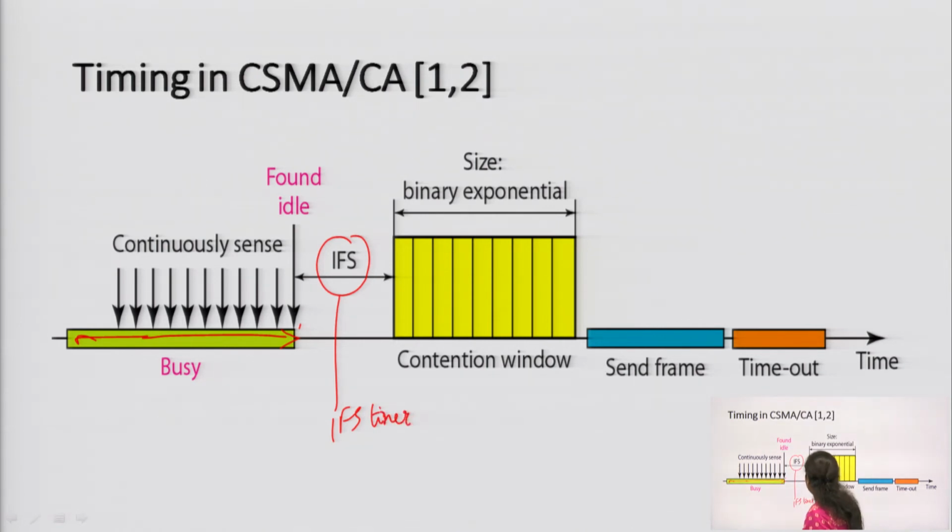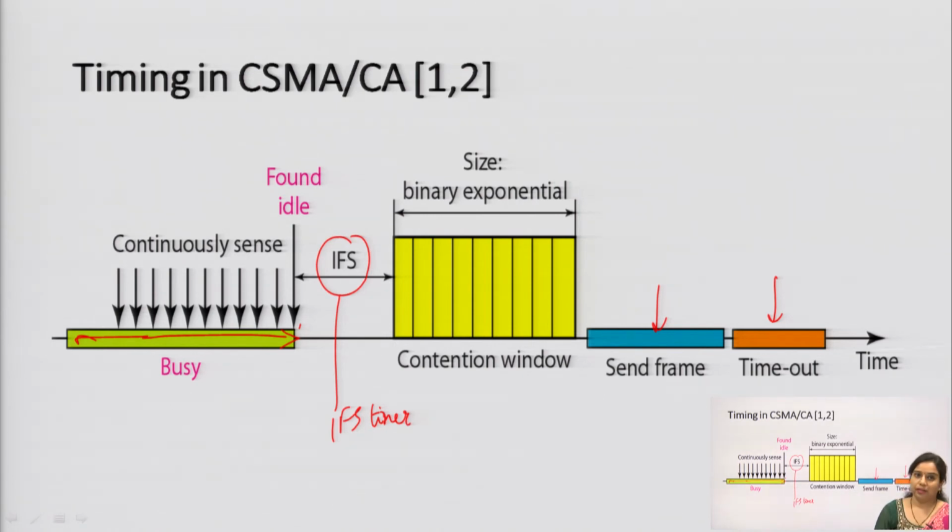Then comes the binary exponential, the size of the contention window in which you have to transmit the data. After that contention window, you send the frame, and this is the time out.